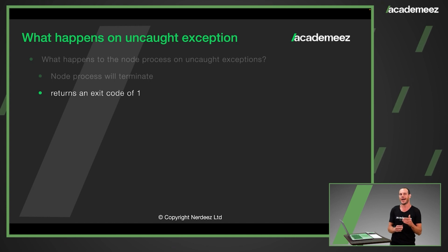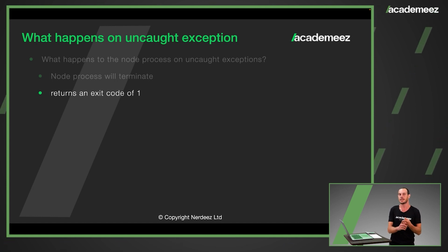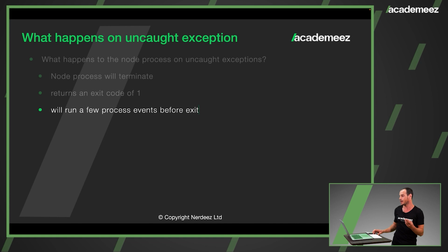In an error first callback, if you don't do something with the error that you're getting as the first argument, the node process will not terminate in that case. But if you have synchronous errors, an uncaught promise rejection, as well as an event emitter emitting an event with no listener for that error event, the node process will terminate on exit code 1.